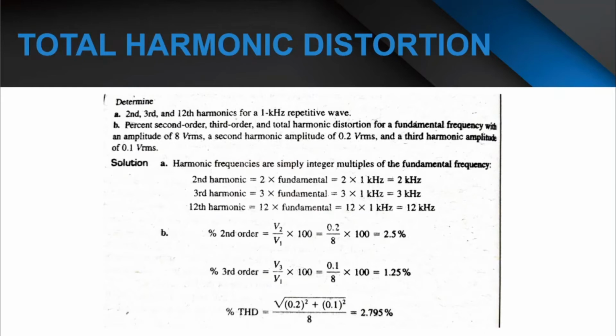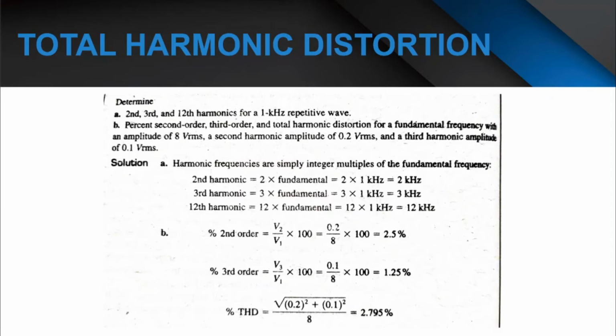Now, for the B, we're gonna find the percent. Okay, for the percent of the second order. So that percent second order is equal to V sub 2 over V sub 1 times 100. So we'll get 0.2, which is given there, over 8, which is the VRMS of the fundamental frequency, times 100.